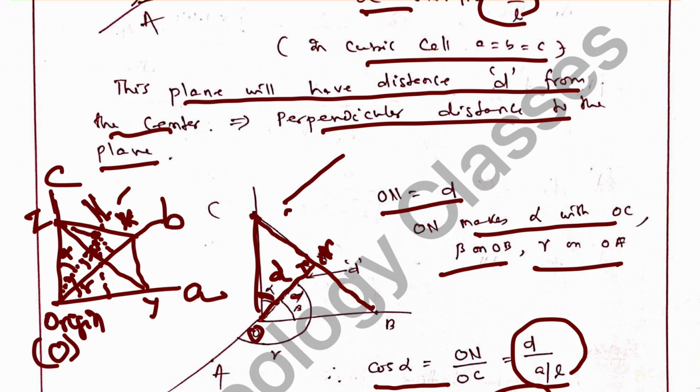This is ON, this is alpha, this is D, this is along the C axis, OZ. So the OZN triangle is a right angle triangle with Z at 90 degrees.